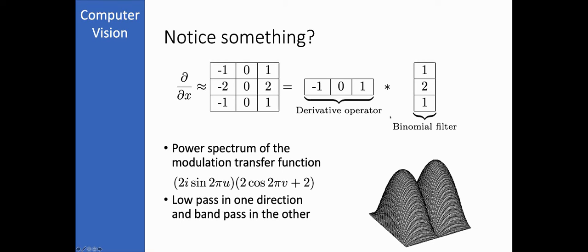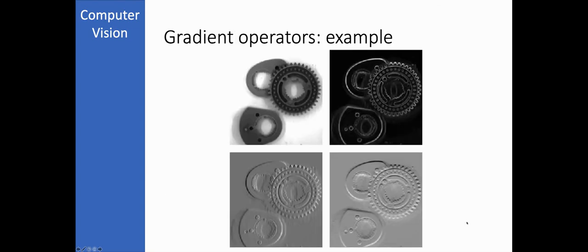And indeed, if we look at the power spectrum or the modulation transfer function of the Sobel mask, we see something like this, where this is the direction where the smoothing happens, and you can see that it's a very nice low-pass filter that only retains low-frequency components in this direction. And in this direction, it's a bandpass filter that takes the derivative.